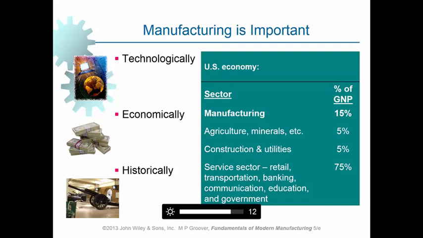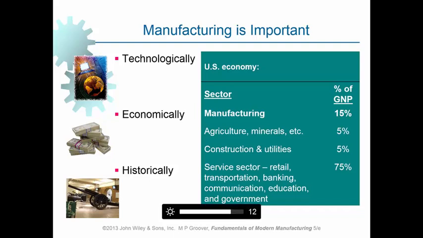That is much greater than agriculture and minerals, accounting for only 5%, and construction and utilities accounting for another 5%. Of course, far behind is the service sector that accounts for 75% of the GNP. However, manufacturing, which accounts for 15%, is still a significant figure in the economy of the United States.